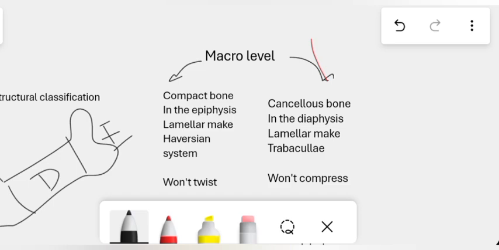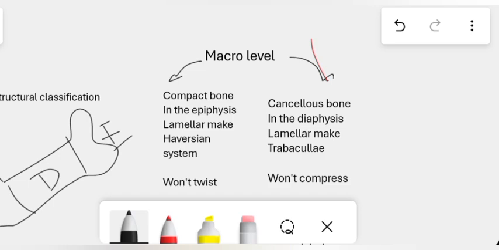The cancellous bone, on the other hand, is like a sponge, and it has a lot of spaces. Those are known as the trabecular spaces, and those spaces contain bone marrow. So compact bone is like ivory, and cancellous bone is like a sponge.